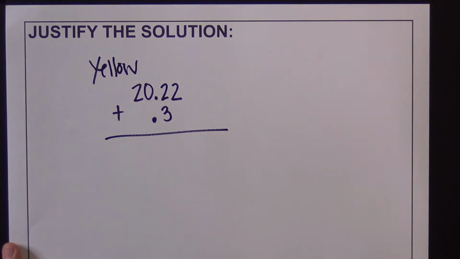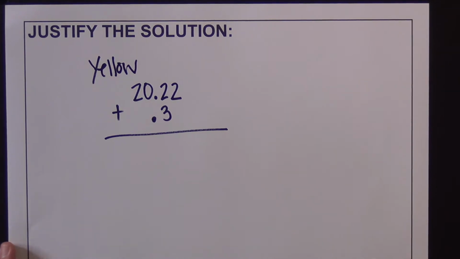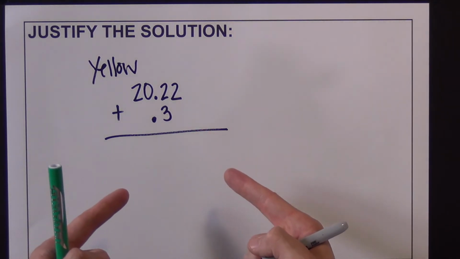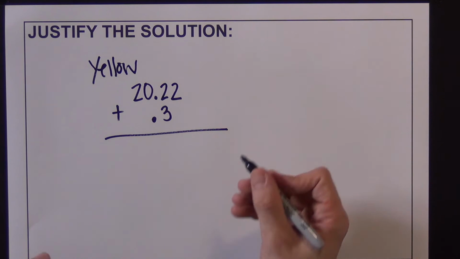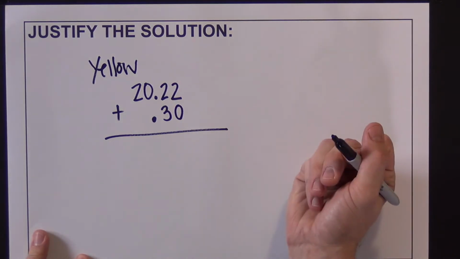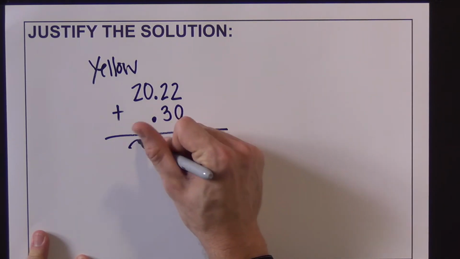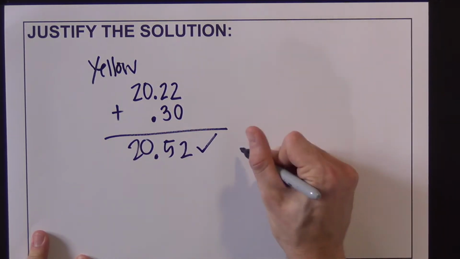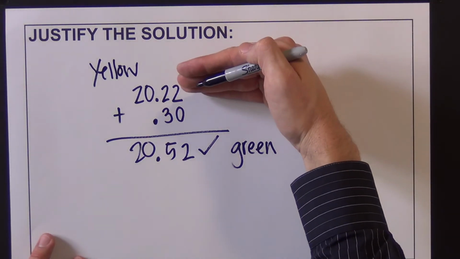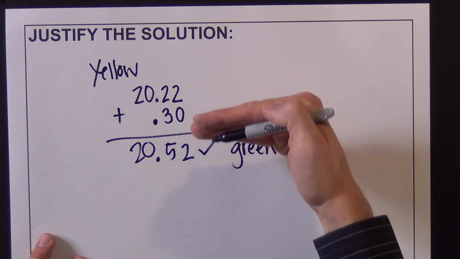This should equal the green team's time, because I'm saying that the yellow team was 3 tenths minutes faster than the green team. So I add this up, annex my 0 in the hundredths place, 2 hundredths, 5 tenths, and 20. That is the green team's time. So I know that I have justified in a way, because I took my yellow team's time and added the difference, and that should give me the green team's time. This means we're ready to move to the next section of the board.